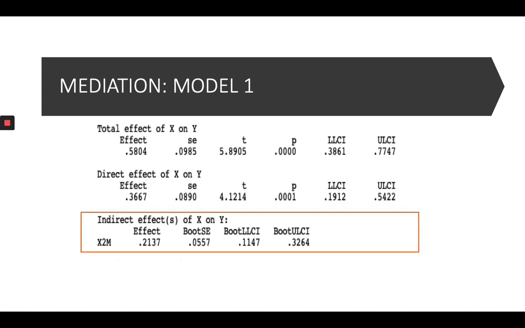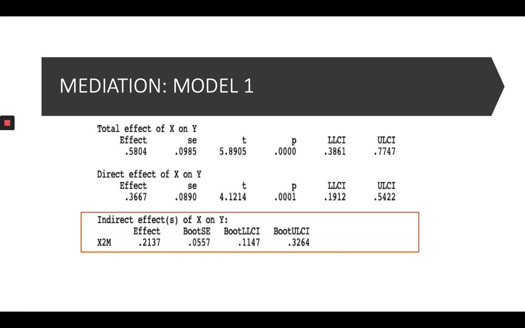And when we're looking at whether the effect is going to be a direct or indirect effect, we see here that while the total effect is 0.58, around 0.213 comes from indirect effects, which would be the C' from the previous model.